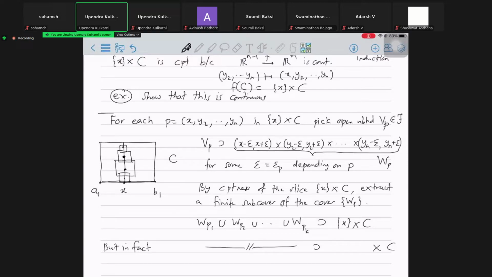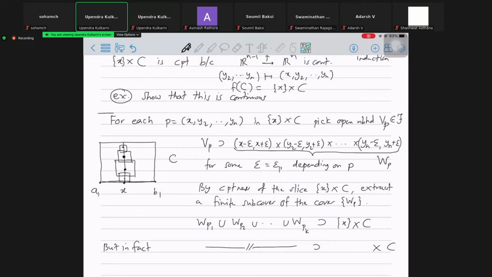Because in the first slot, around the point P1, I have X, and there is going to be some width of the first box, which is epsilon, let's say epsilon 1.